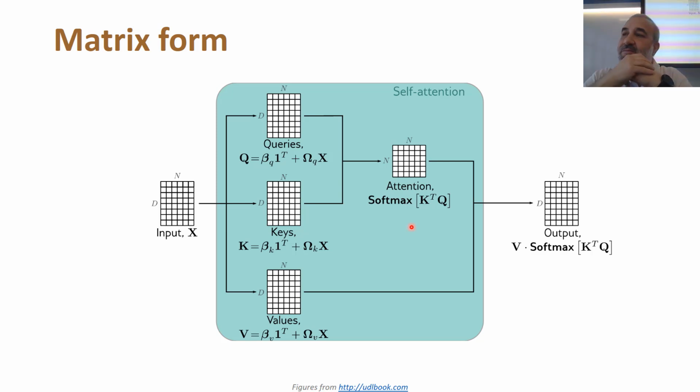Which of these are learned? Now these are the four matrices, right? And in this green block, we have four matrices, right? This is the queries weights, this is keys weights, these are values weights, and these are the self-attention weights. Which of these are learned?